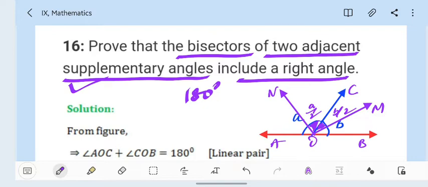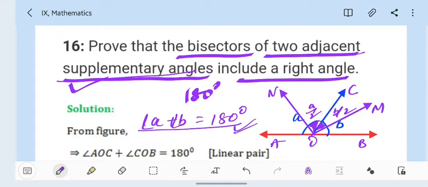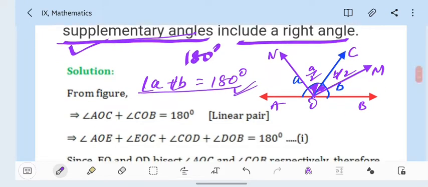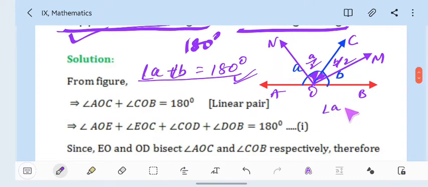So by looking at this, can we say angle A plus B equals 180 degrees, as it is already given, adjacent supplementary angles? So angle A plus angle B equals 180 degrees. Dividing these by 2, what you'll get? Angle A plus angle B by 2 equals 180 degrees by 2.